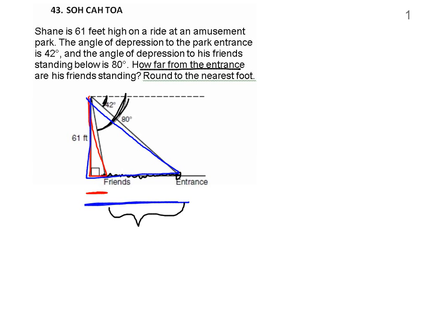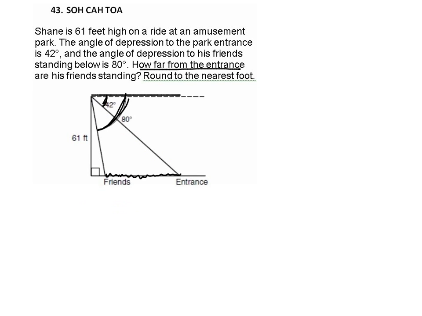Alright, I got rid of some of those stray marks for us so we can identify things more easily. We know that this is a perfectly straight line. Based on the definition of angle of depression, it's measured from going straight, at a perpendicular angle to this.